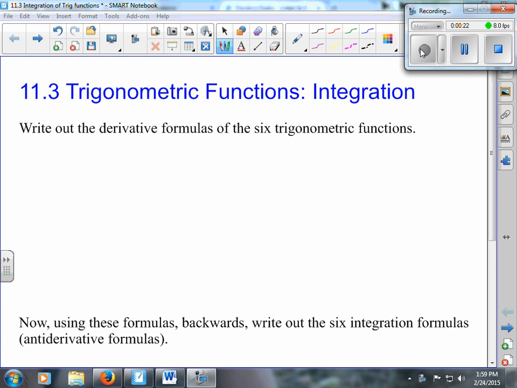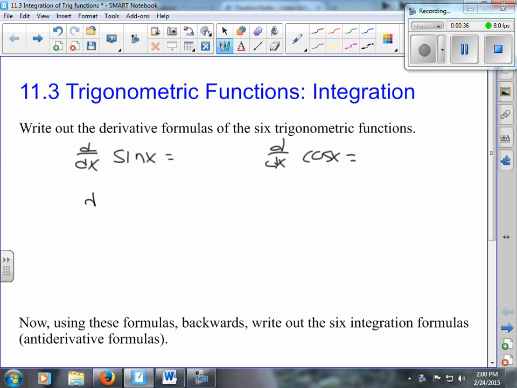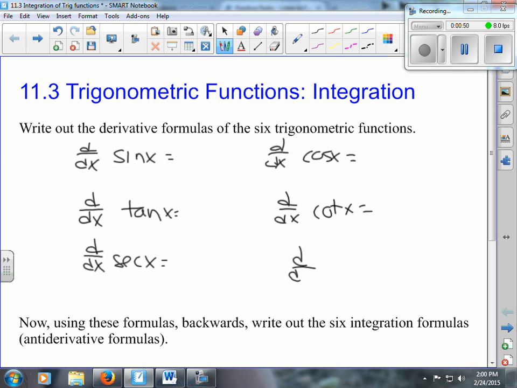You learned 6 formulas for the derivatives of trig functions. The derivative of sine, the derivative of cosine, the derivative of tangent, the derivative of cotangent, the derivative of secant, so we're doing derivatives here, and the derivative of cosecant.